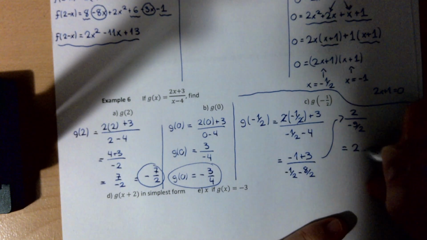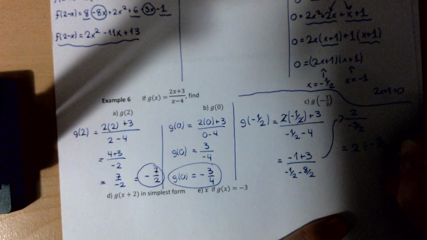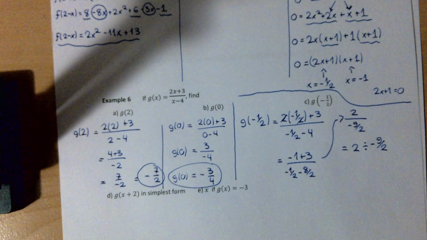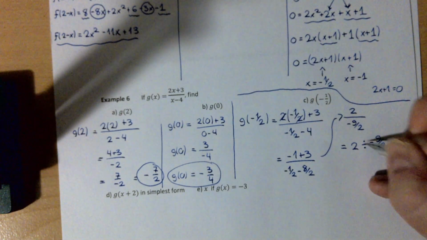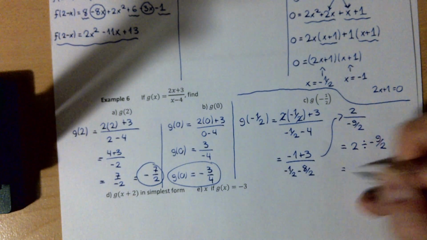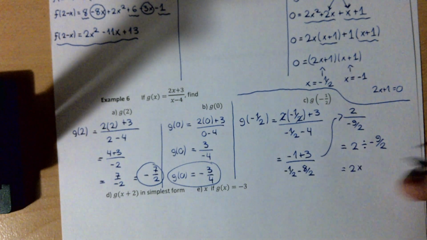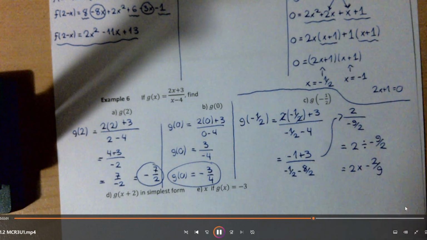So 2 divided by minus 9 over 2, and hopefully you remember from grade 9 and a little bit from grade 10, when I'm dividing by a fraction, in order to get rid of this division sign, I need to take the reciprocal of that fraction, which just means I flip the numerator and denominator. So it's equal to 2 times negative 2 over 9 instead of 9 over 2.